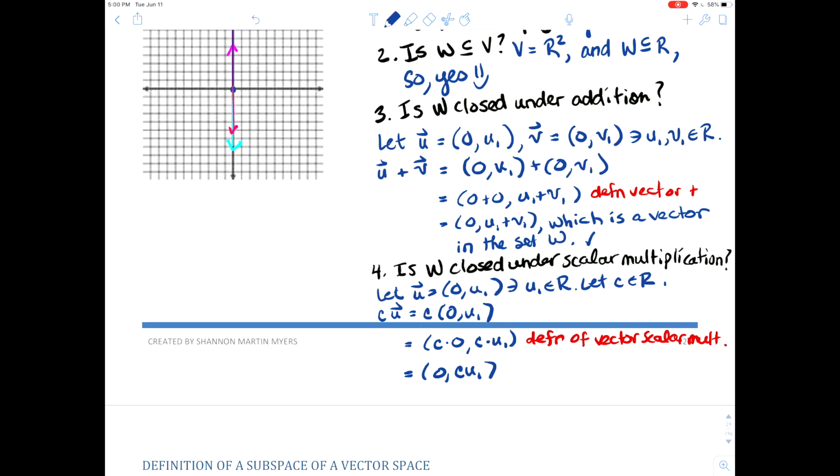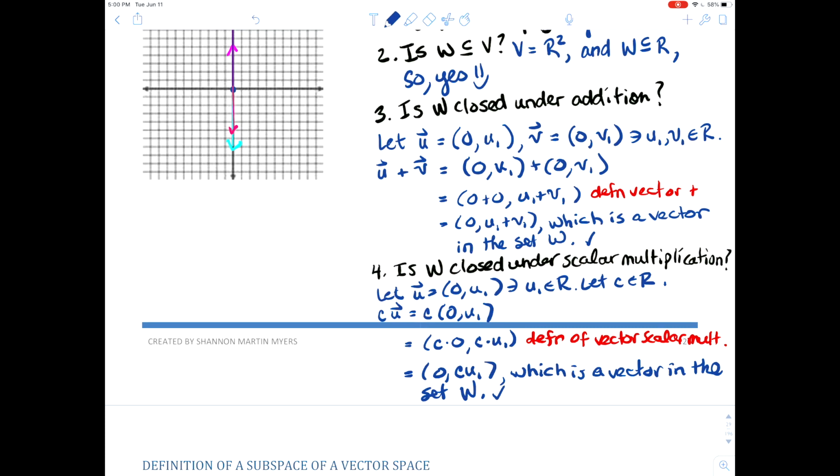Cool so far? All right. And isn't that a vector in W? So that's checked off, right?